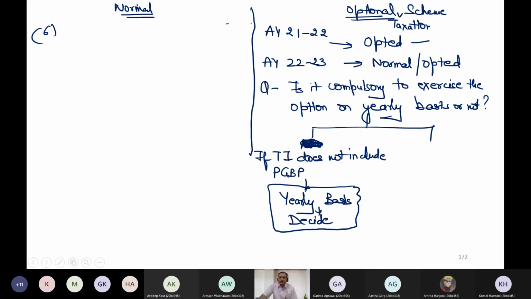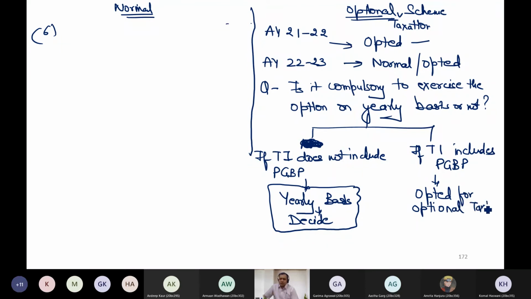You simply understand this point. If my income does not include PGBP, then if this year I have opted for optional taxation, next year it's my choice, I can opt for normal or optional. Next to next year it's my choice again. But if total income includes PGBP, then there is no choice available. If I have opted for optional taxation, I must remain under optional taxation even next year.